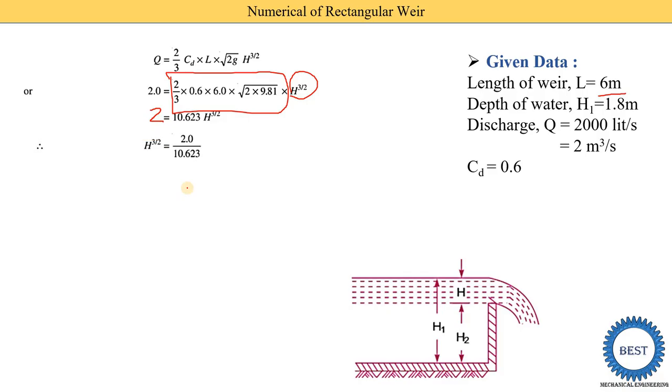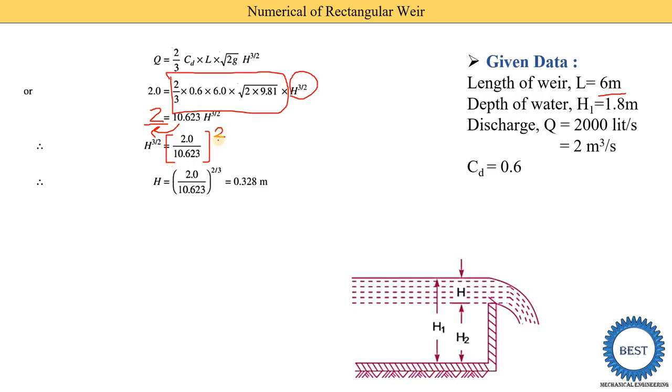Then after we shift this 10.623 onto the left side, so we get this equation. So this 2 is divided by this value. Then the power on the right side is transferred onto the left side, so it is converted into the reciprocal. Or we can also consider that on both sides of this equation we can multiply by 2 by 3.